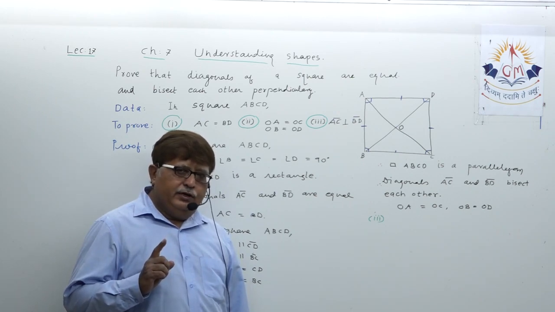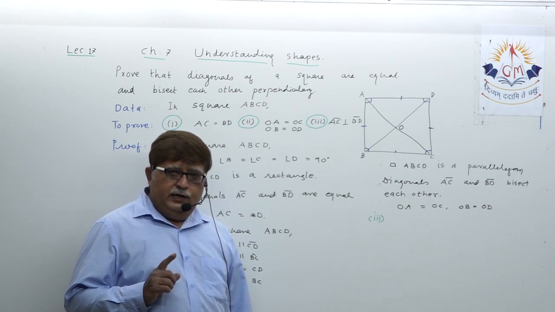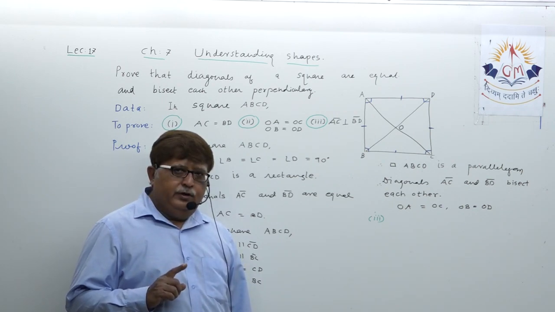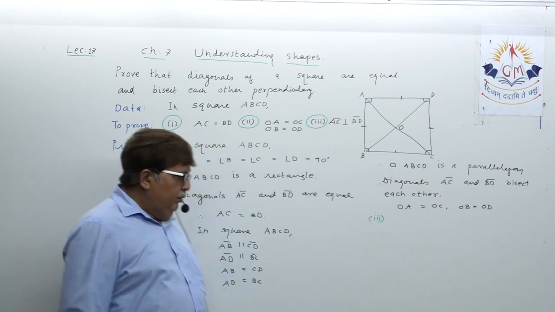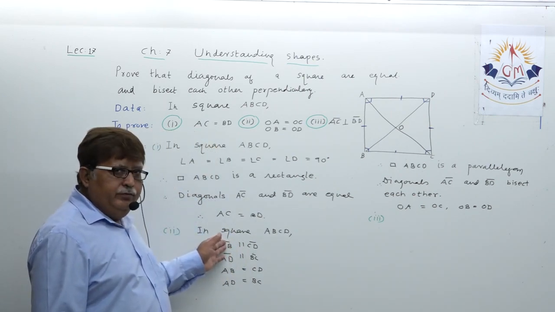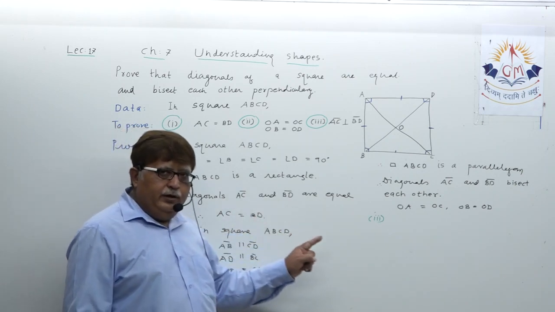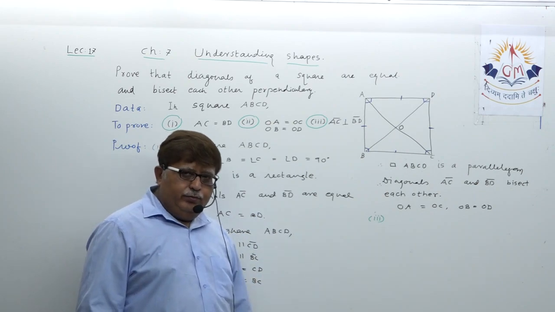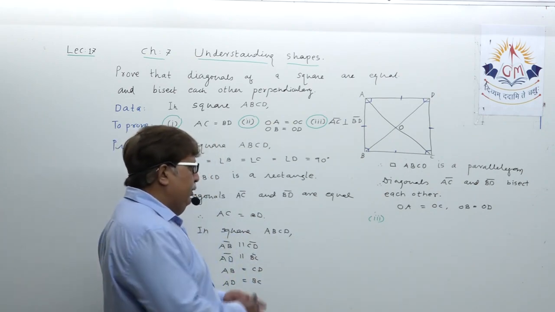In which quadrilateral can you remember diagonals bisect each other perpendicularly? In a rhombus. So now in the second case we have proved the square to be a parallelogram. Now let us prove this parallelogram as a rhombus.